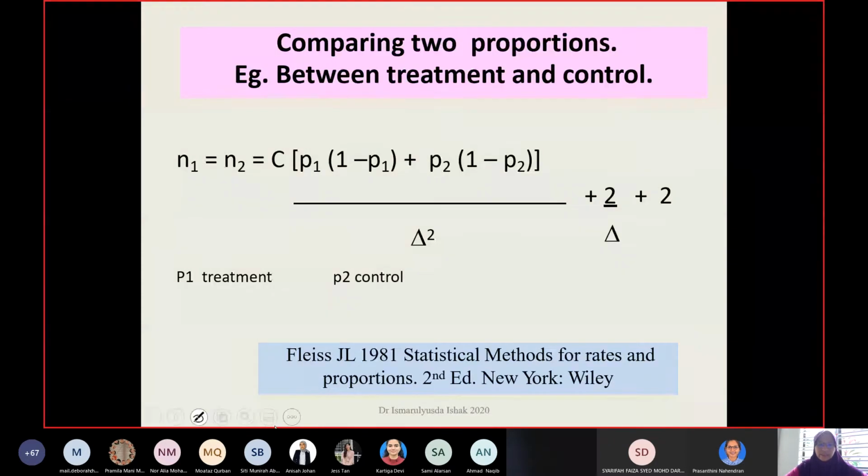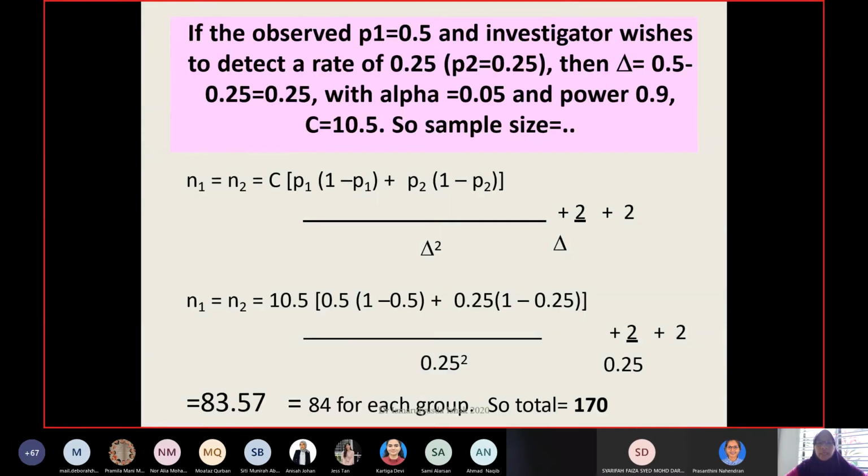This is the formula that research statisticians use; you can use this one. It looks quite complex, but it's just simple. P1 and P2 are the proportions of group 1 and group 2.